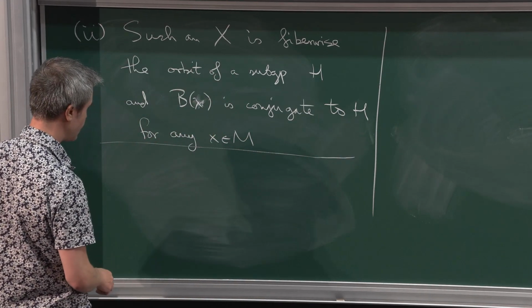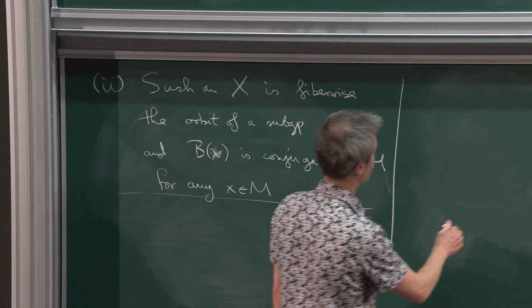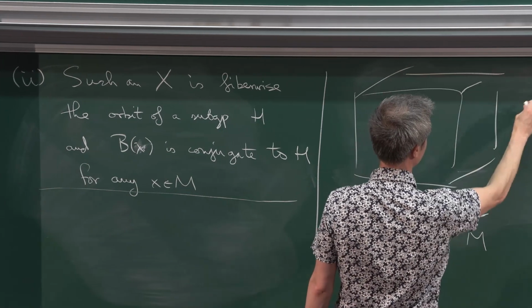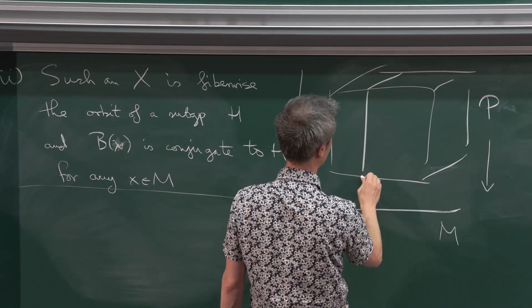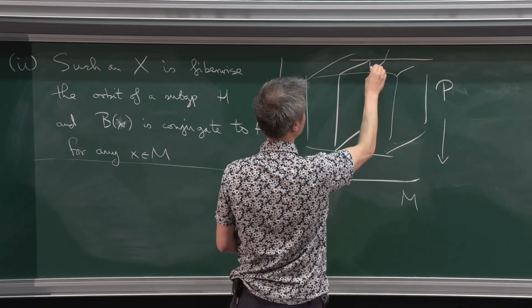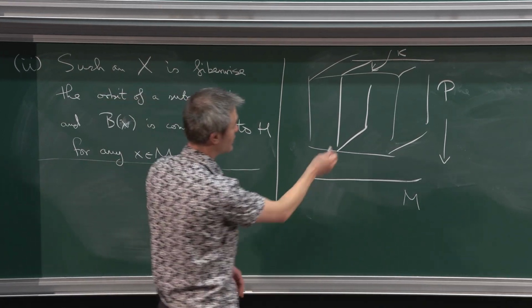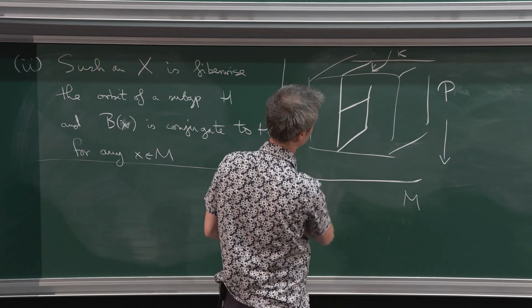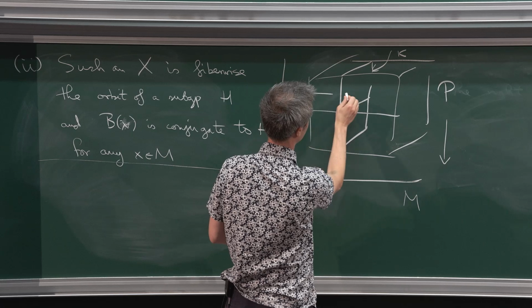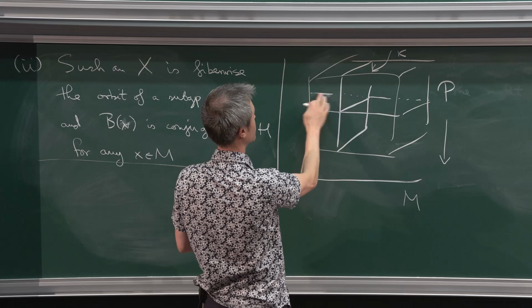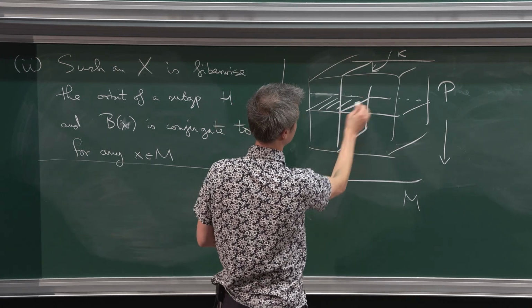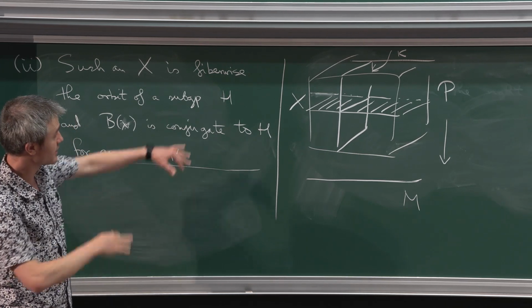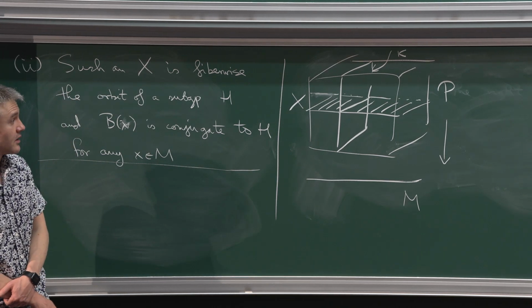So what I'm saying here is that you have your dynamical system, so maybe this is your M, and you have this extension, so this is P sitting over M, and in the fibers you have the transitive action of this group K. If you choose one such minimal set, this is our minimal set X. So in each fiber, it's the orbit by acting on the right by a single group H. Okay, and it's the same group for every fiber.